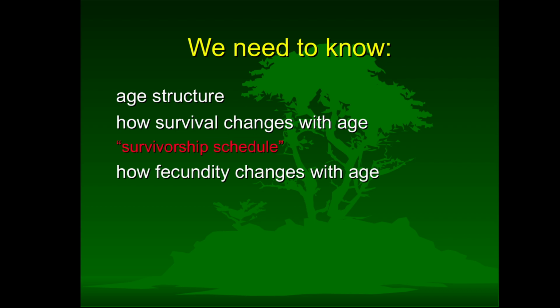And three, we need to know how fecundity changes as individuals age, and that's the fecundity schedule. Two populations can be identical in any two of these, but if they differ in the third, their growth rate will be different.